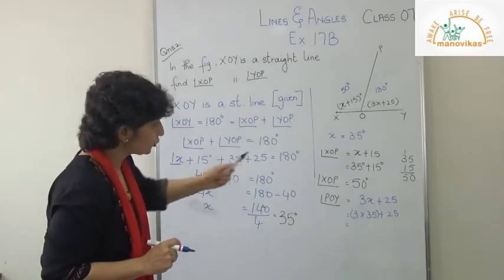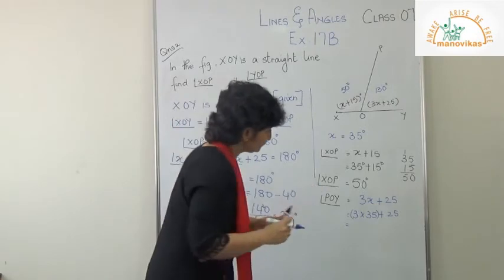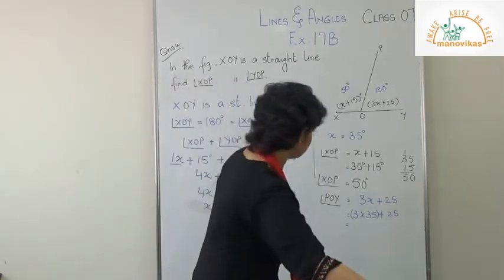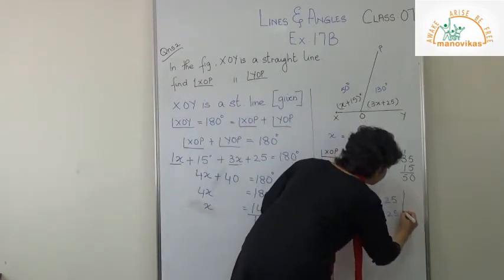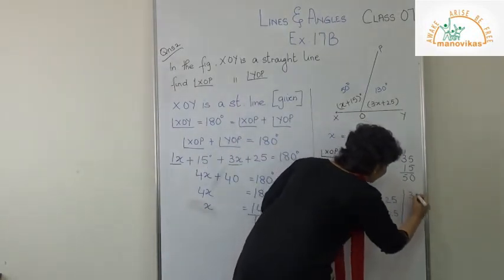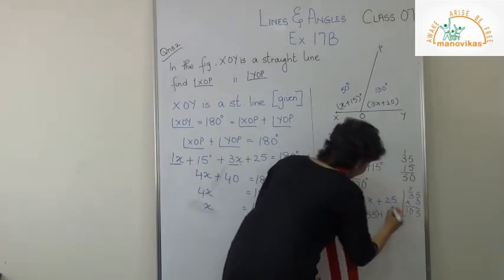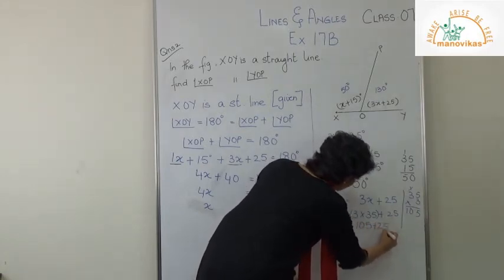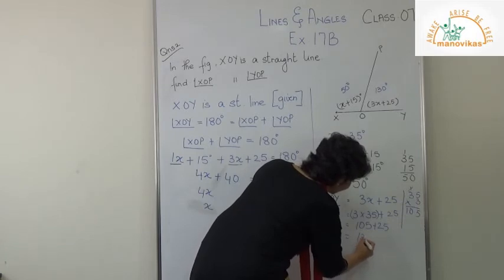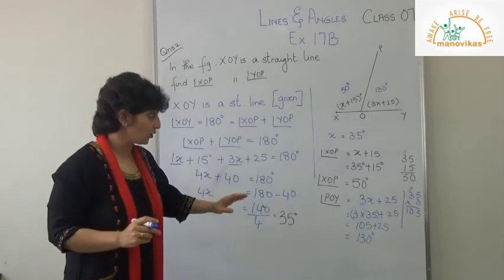So 3 into 35 plus 25. So when I do it here for you, 35 into 3. 3 5s are 15, 3 3s are 9 plus 1, 10. 105 plus 25 would give me 130 degrees. So with this, I'm sure you have understood.